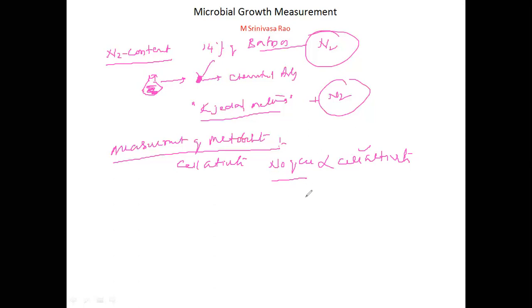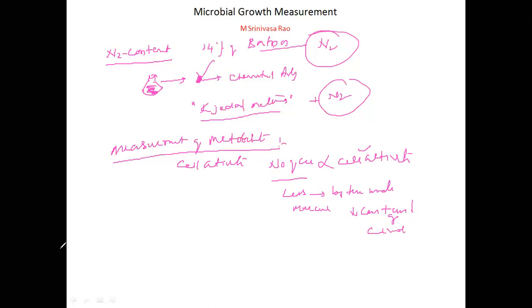We can see a simple example in the curdling process at homes. If you add less starter culture, it will take a long time to get curdled. If you add more culture, it takes less time to get curdled.